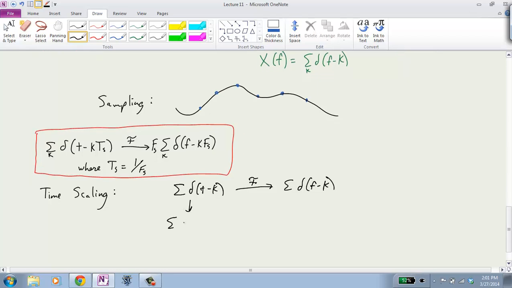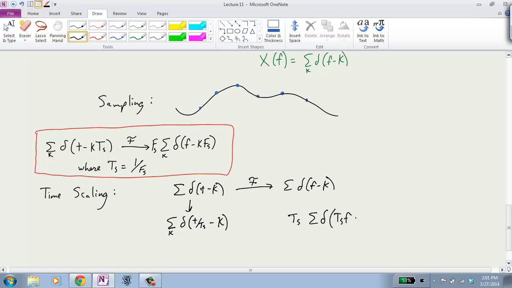Okay, that means if we do time scaling here, let's do delta t over Ts minus k. That's what it means to scale these delta functions out so that they occur at every Ts rather than every integer. Okay, and this should transform to, by our property, that should be Ts times the sum, and then we scale the frequency.